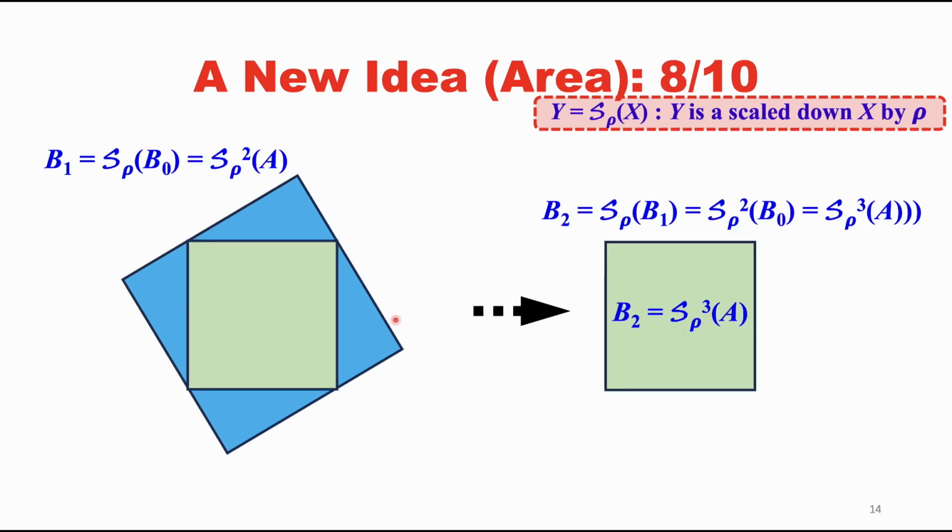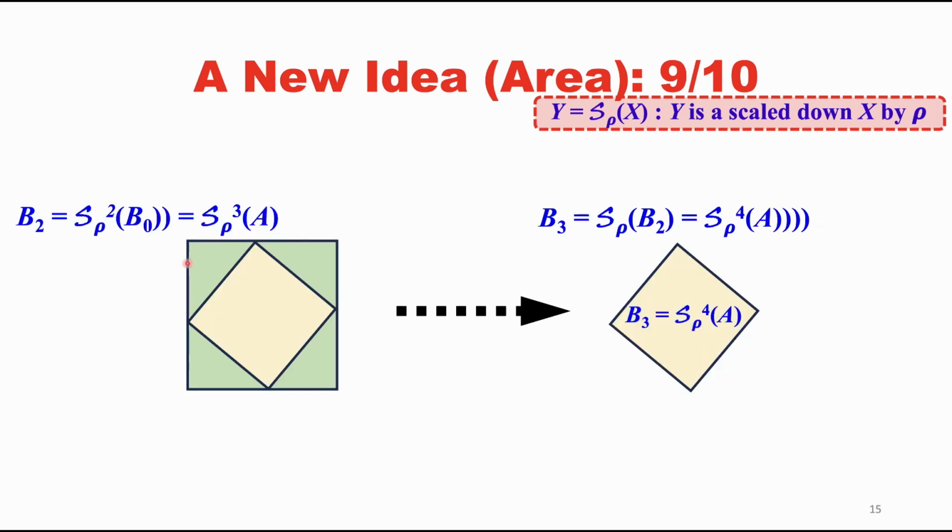For this B1, with the same similarity configuration, we have B2. B2 is scaled down 3 times from A by a scaling factor rho. So this is B2, and this is B3, and so on.